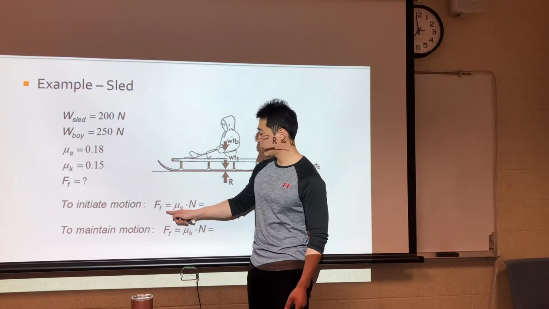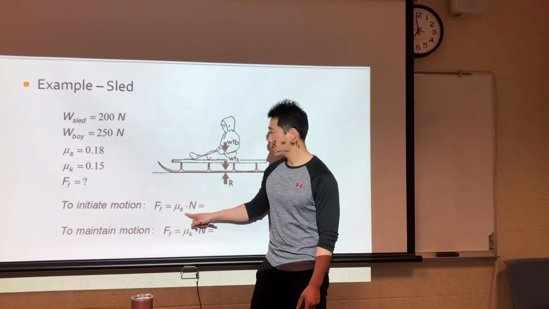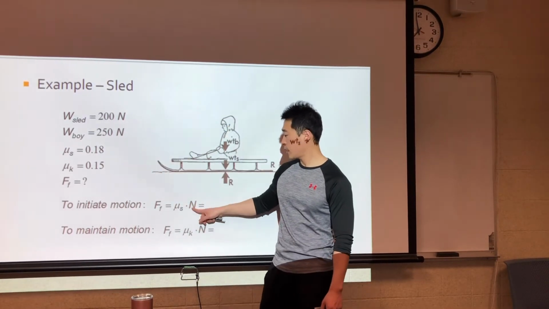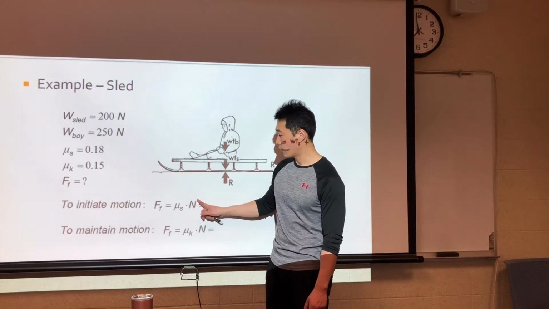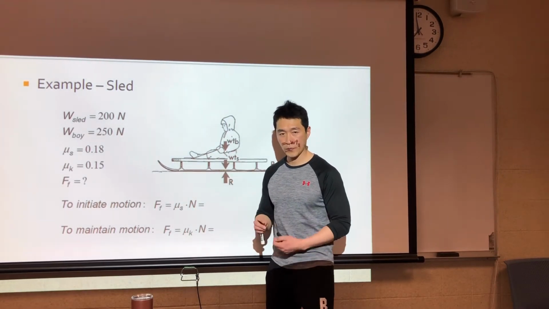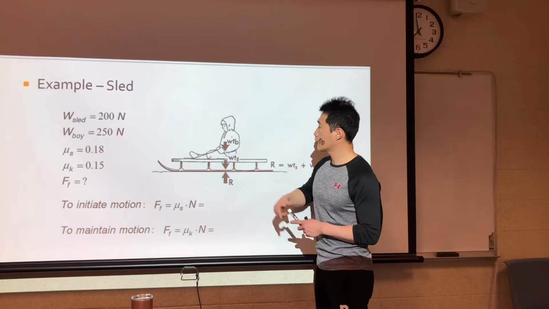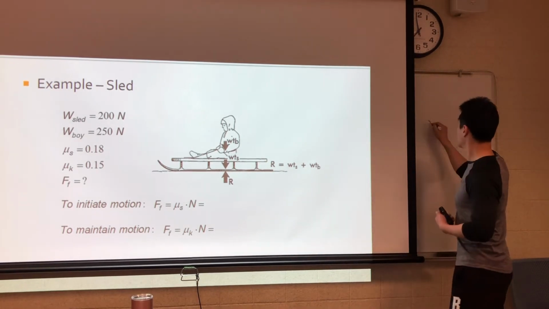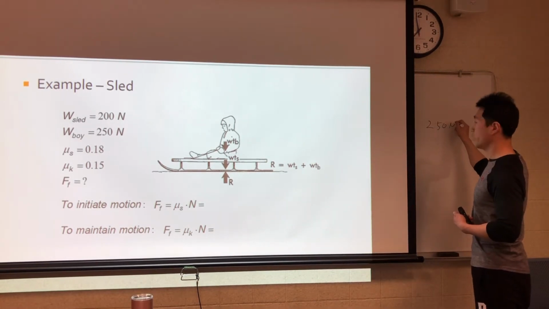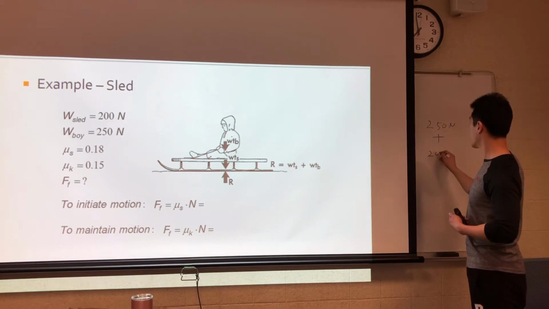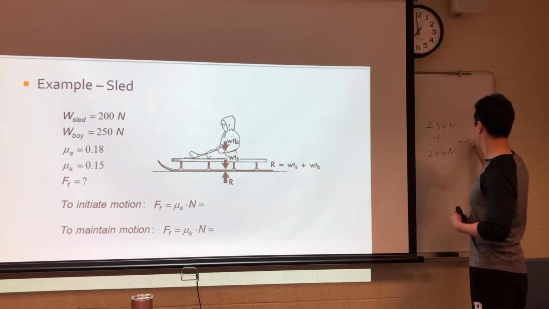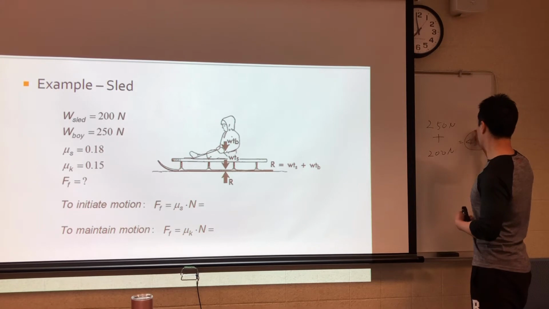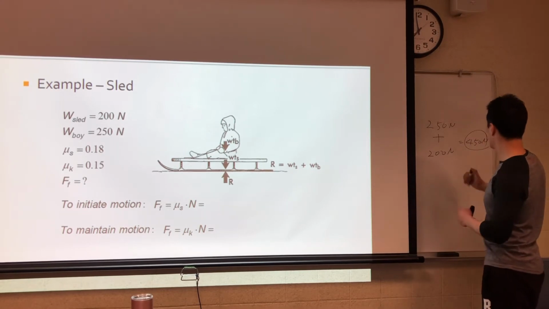That's why friction is equal to mu s times N, the normal reaction force. How much is this in this system? We have 250 Newton from the boy, plus 200 Newton, so total 450 Newton.